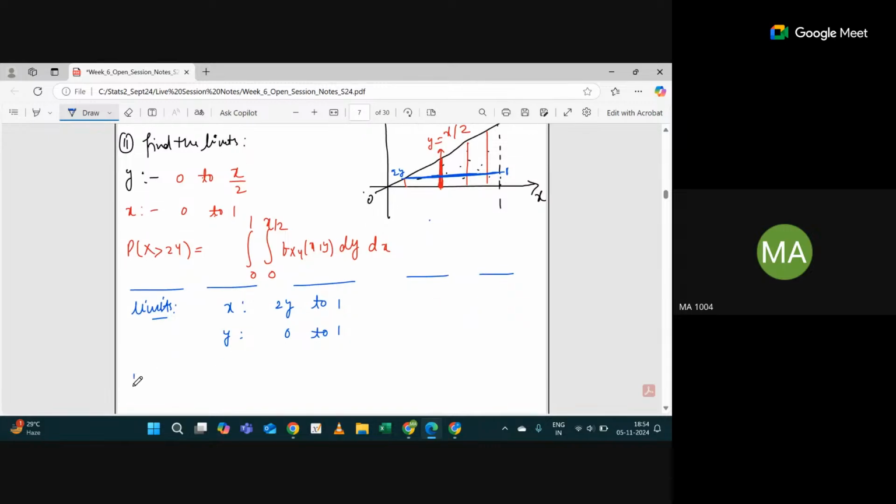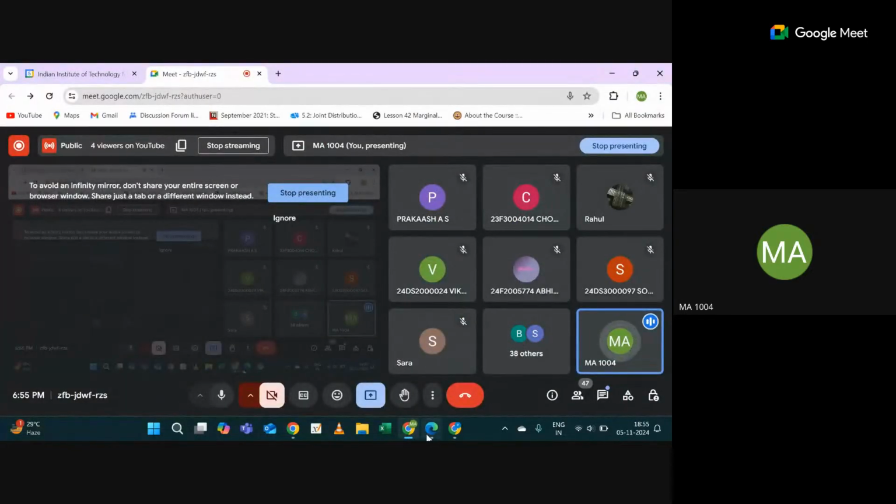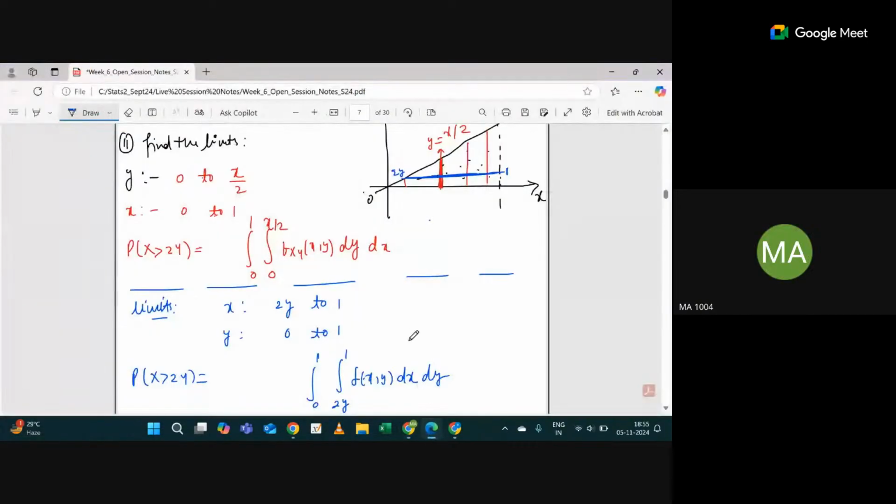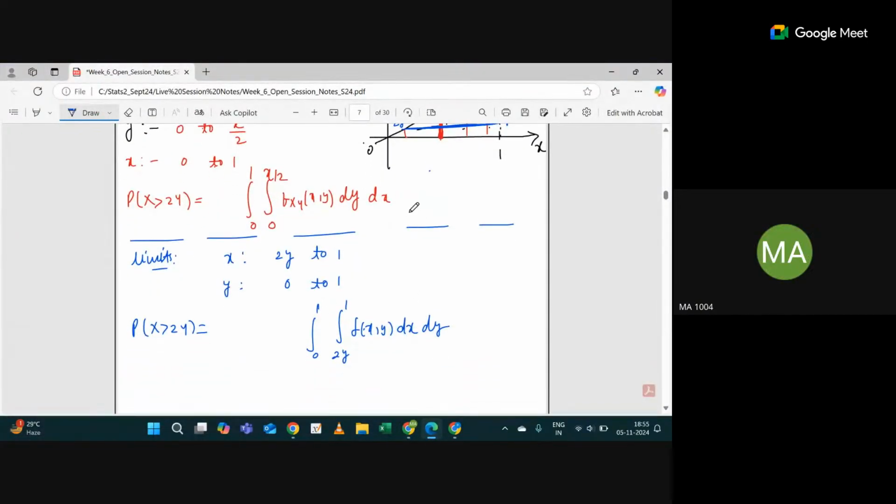So if you want to find the probability x greater than 2y, I will integrate from 2y to 1 this joint density with respect to x first, then with respect to y from 0 to 1/2. Is this okay? Everyone is able to connect? Okay, so let's solve this.